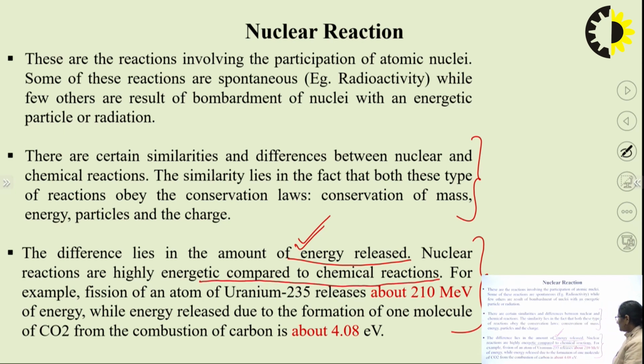For example, the fission of an atom of uranium-235 releases about 210 MeV of energy, while the energy released due to the formation of one molecule of CO2 from combustion of carbon is about 4.08 eV only. So we see that they are similar, but the major difference is in the amount of energy released by them.